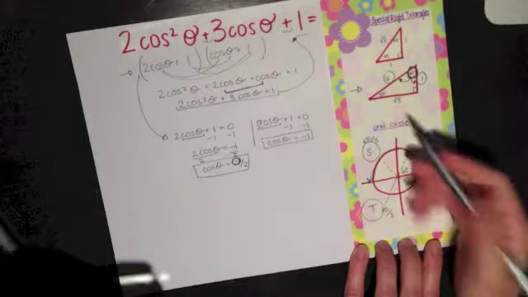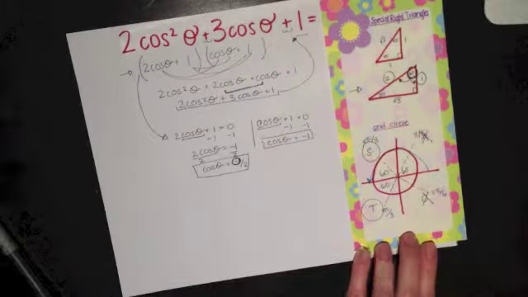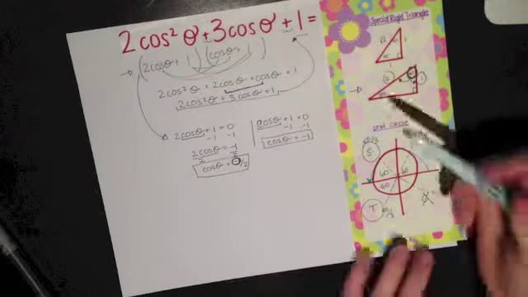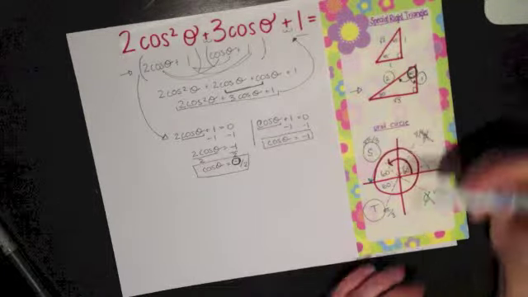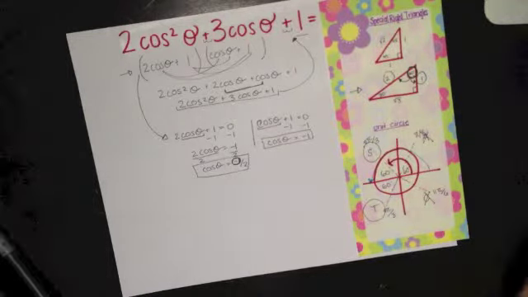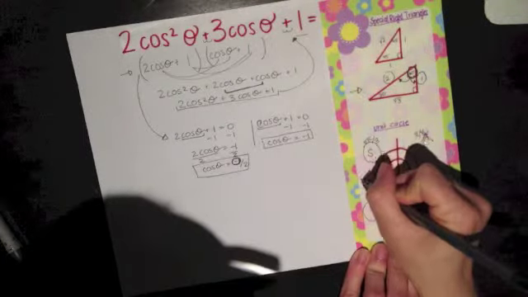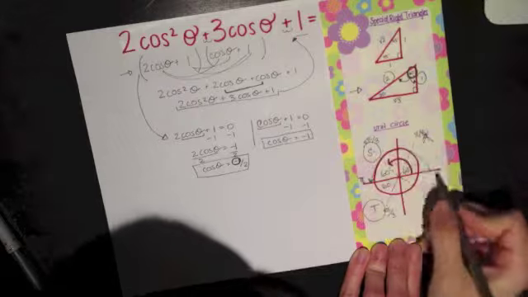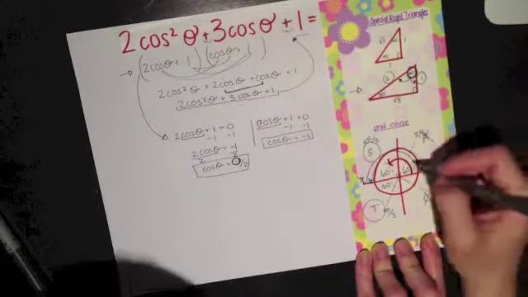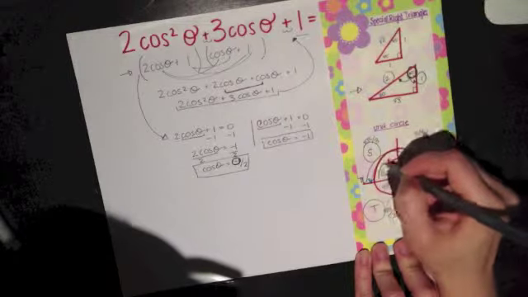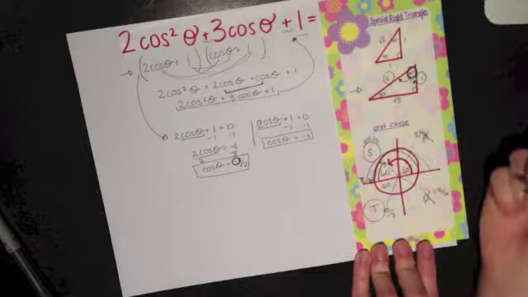So knowing that this is 60 over here and 60 over here, we want to find out how much is from here to here. That involves knowing that this is pi over here, all the way is pi, and that this is pi over 3.